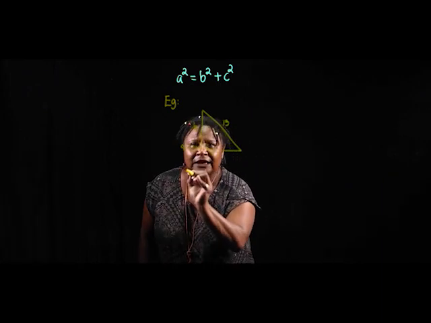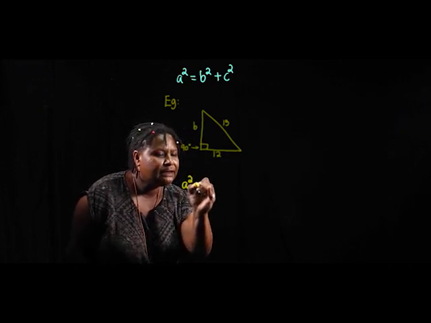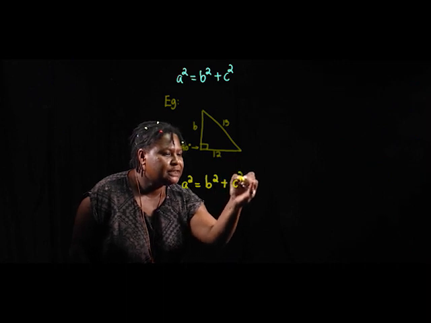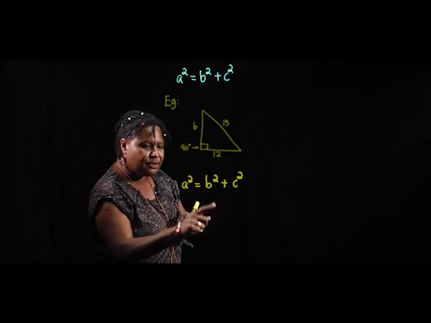All right, so let's see. a squared equals b squared plus c squared. We are going to put the values from the triangle into the formula.